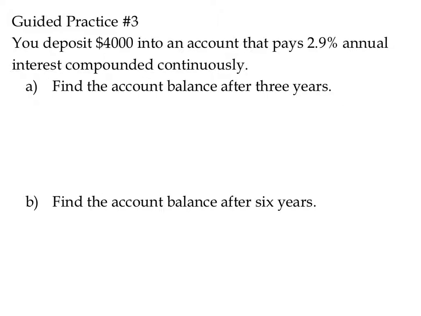So let's write that formula down here again that we're going to use. We're going to use the amount in the account, P E to the RT. So in this case, our principal is $4,000, and then E to the R, 0.029 times T, which is 3 years.